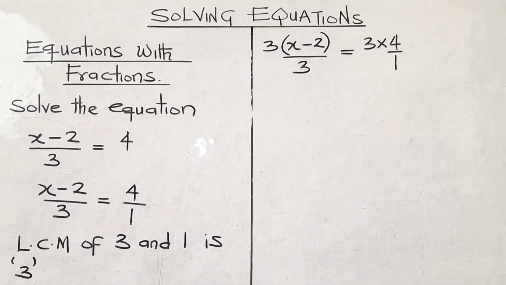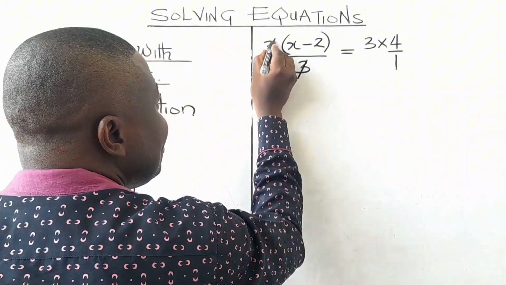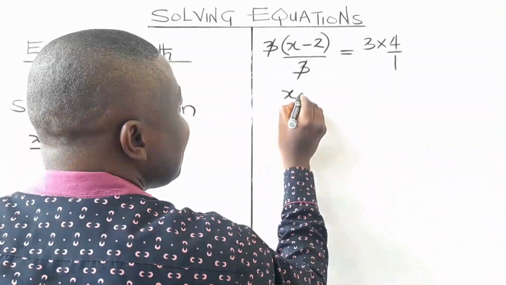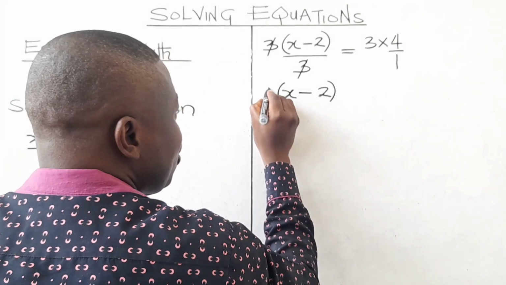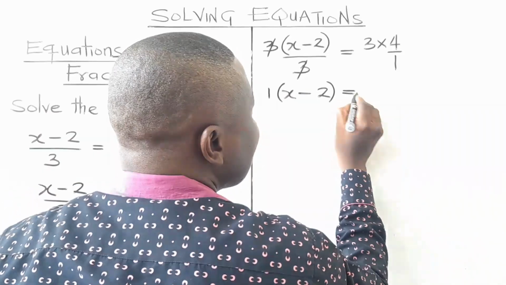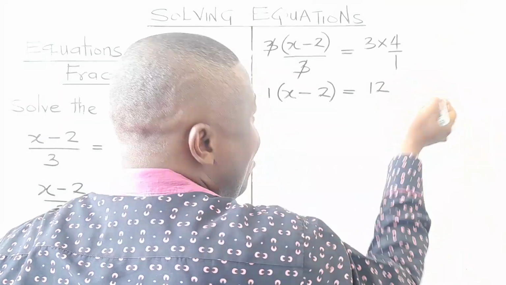The idea behind this is to clear the fraction. So the 3 will cancel the 3. You have x minus 2. Remember, if you cancel this, it's just 1. This gives us 3 times 4 is 12. 12 over 1 is the same thing as 12.